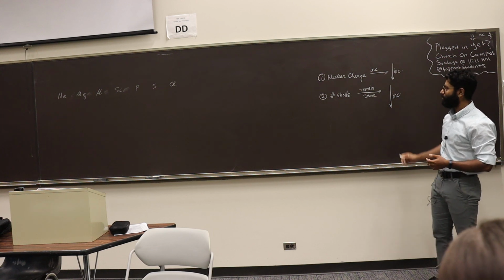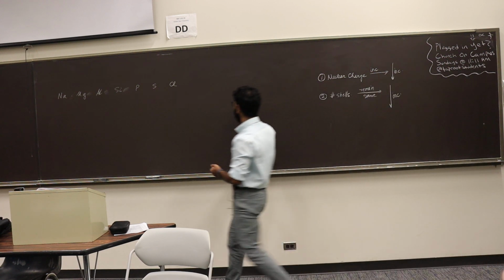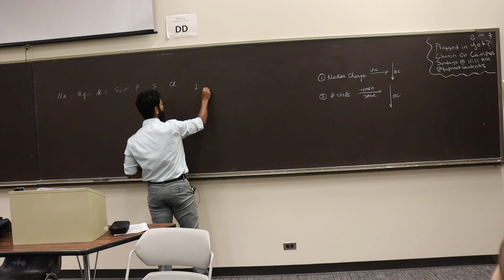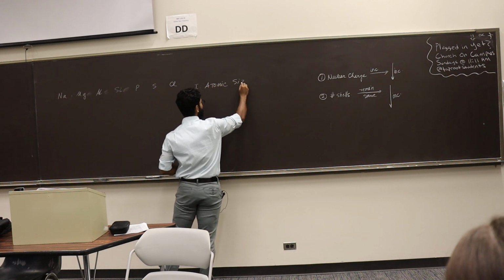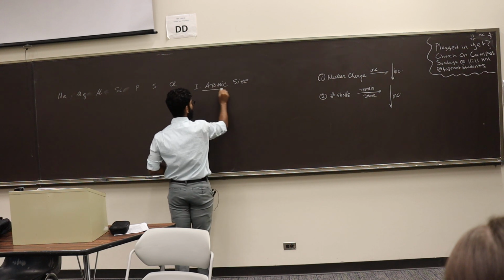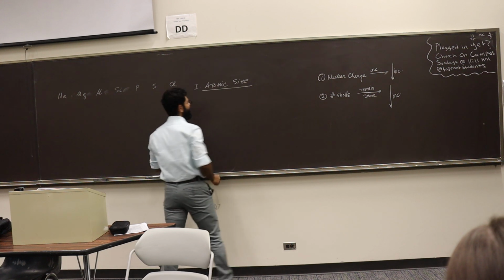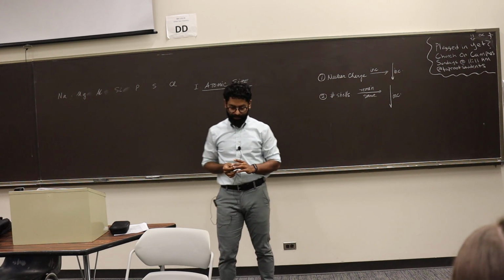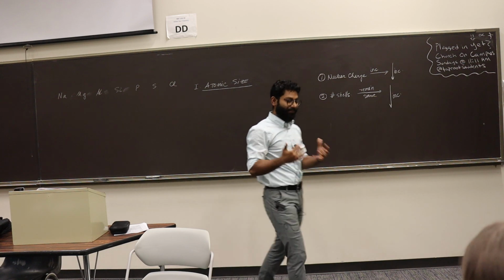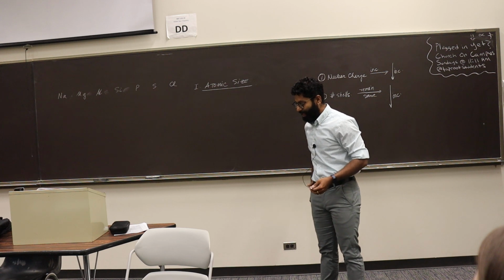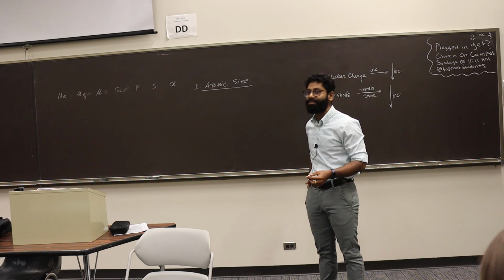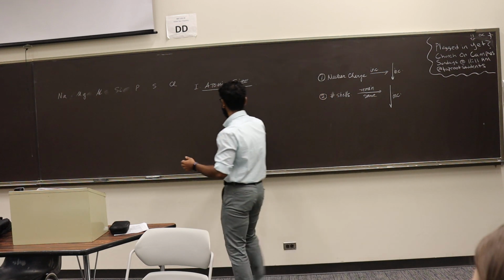Now, within these two, we looked at a property called atomic size. Atomic size is defined in chemistry as the average distance between two atoms.